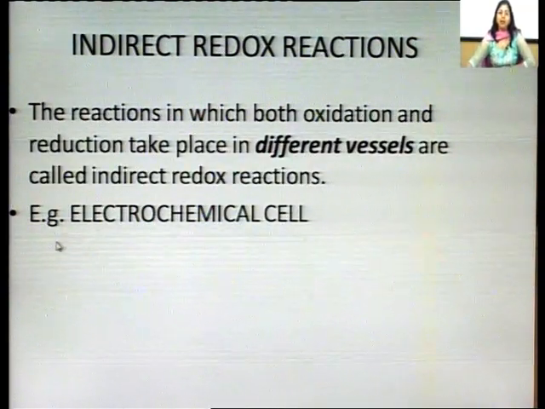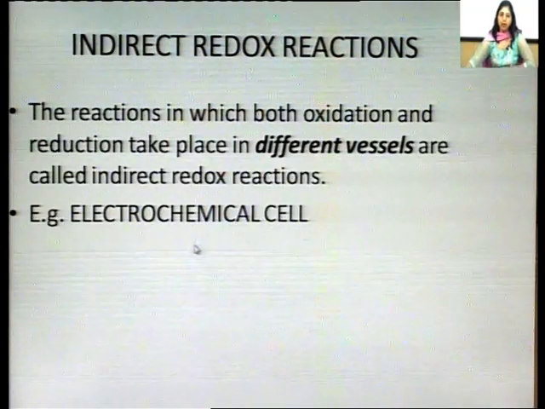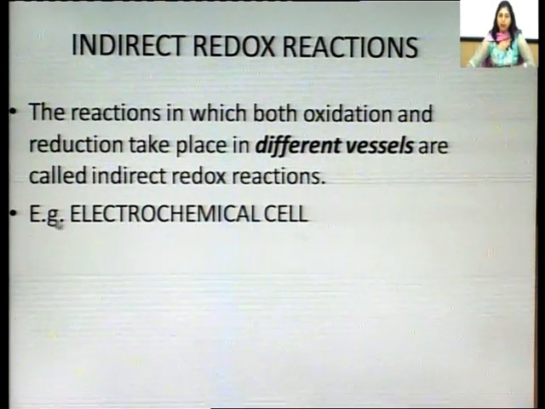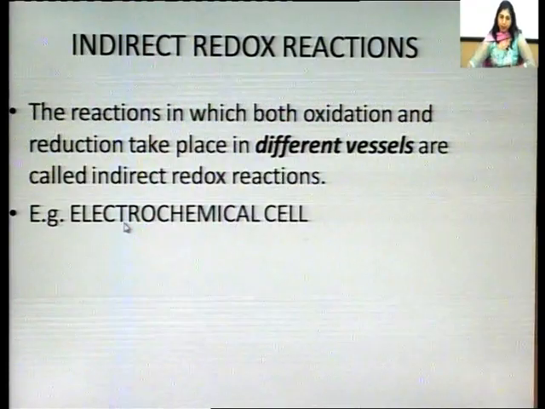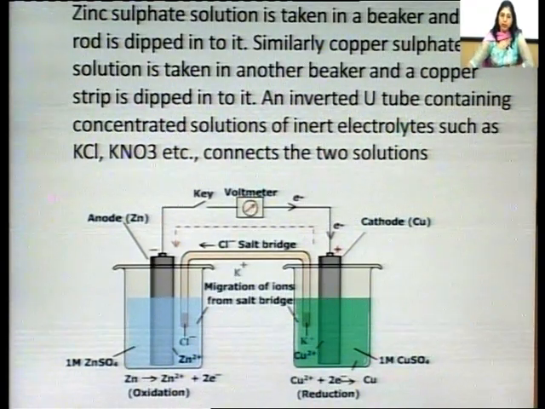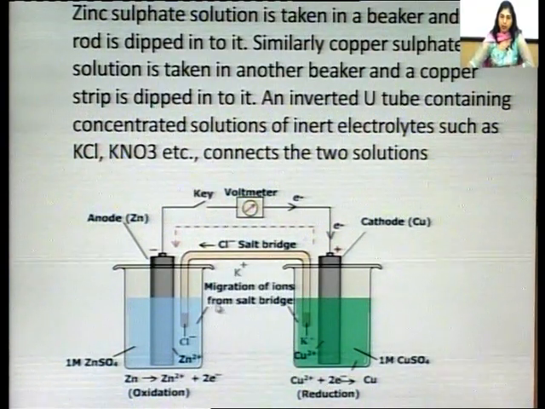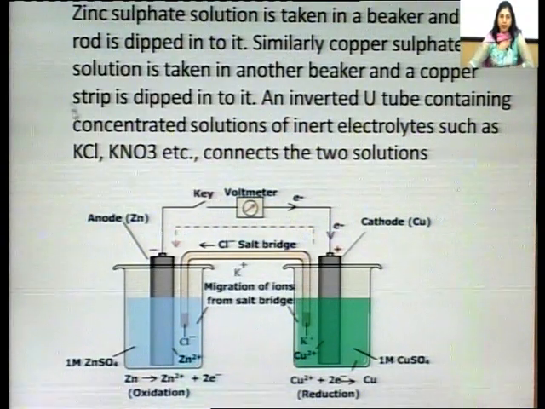What is an electrochemical cell? It is a cell in which chemical energy is converted into electrical energy. Here, this diagram shows an electrochemical cell. Let us read about its construction.